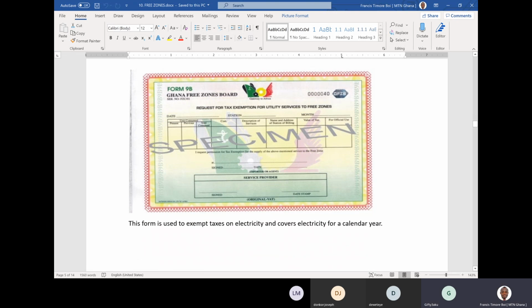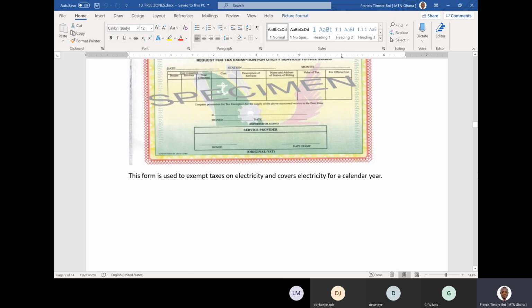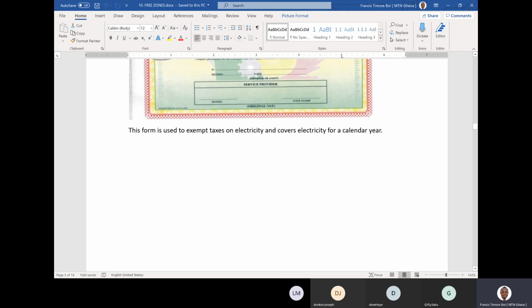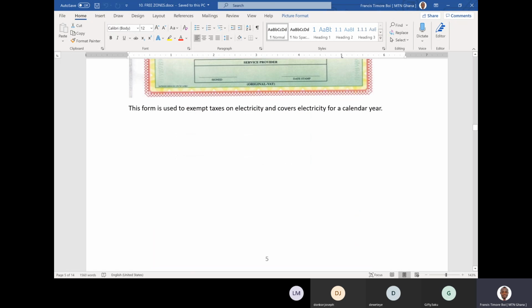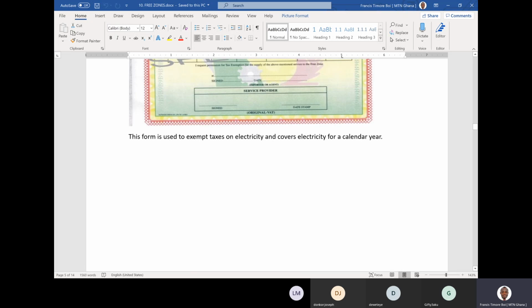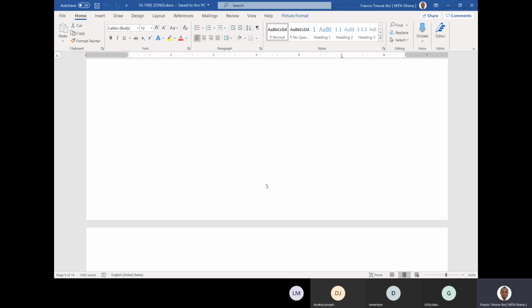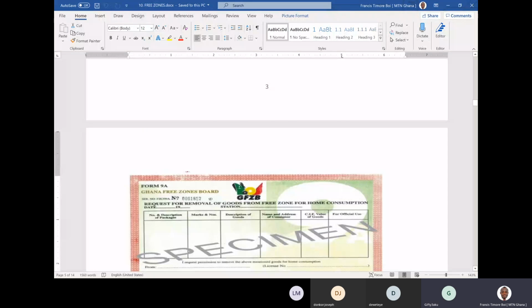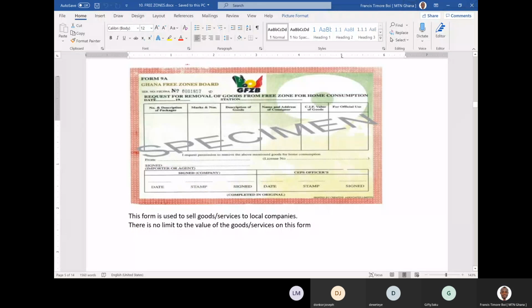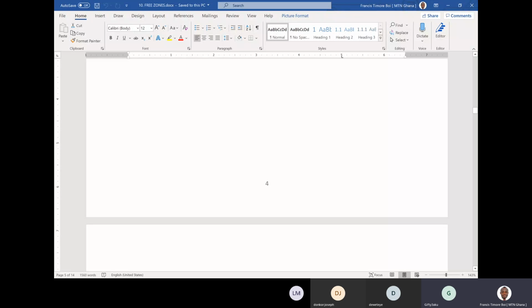Normally it's for one calendar year for free zones. This form is used to exempt taxes on electricity and covers a calendar year. But for my own India, anytime they are coming, they bring one, the Form 9A. You need to know the names of the forms.